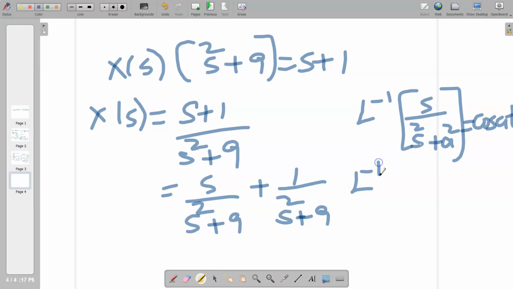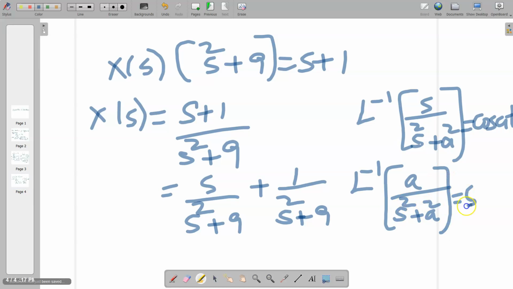Similarly, I know the formula L inverse of a by s square plus a square, which is nothing but sin a t. Okay. So, using these two formulas, one is L inverse of s by s square plus a square, which is cos a t, and then L inverse of a by s square plus a square is nothing but sin a t.